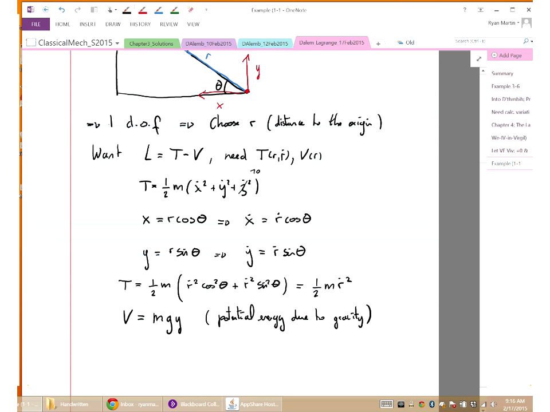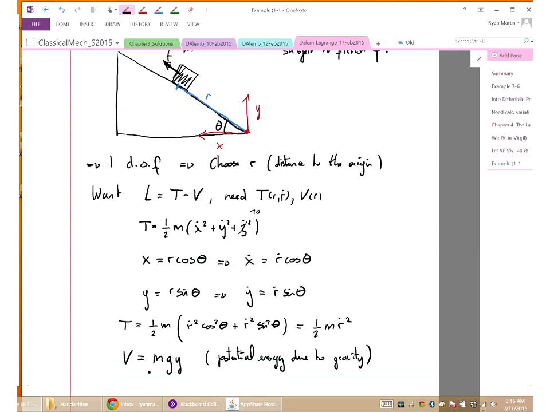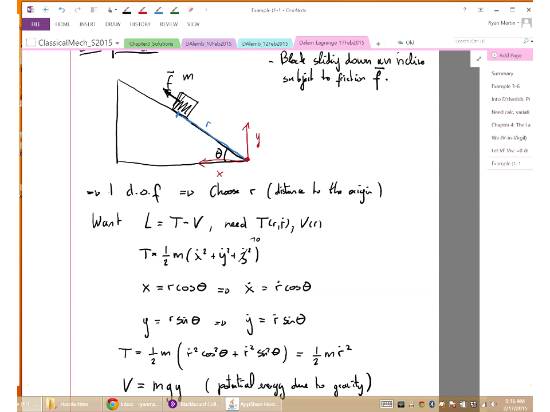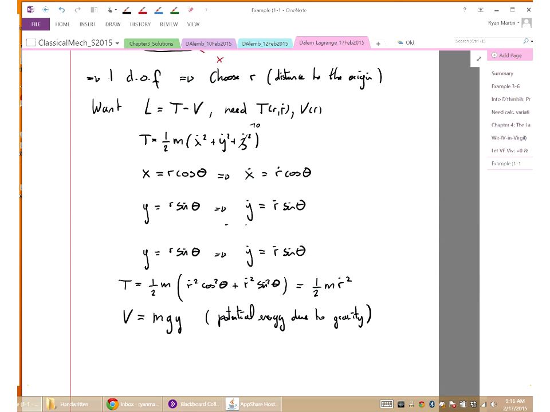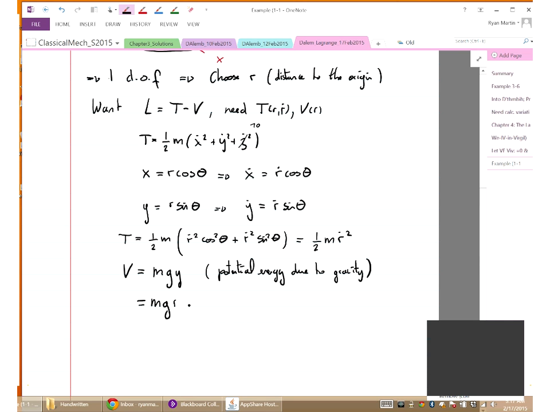It's very easy to make mistakes here, so you have to write out your potential energy in terms of your generalized coordinates. For now I've written it in terms of y, because y I know easily how to calculate gravitational potential energy. Does it have the right sign? Should there be a minus sign in front of that? You should always ask yourself. In this case, no, right? Because if y gets bigger, I have more gravitational potential energy, so V gets bigger. That makes sense. Now I want V in terms of my generalized coordinate, which is r. So it's mg times y, and y is r sine theta.